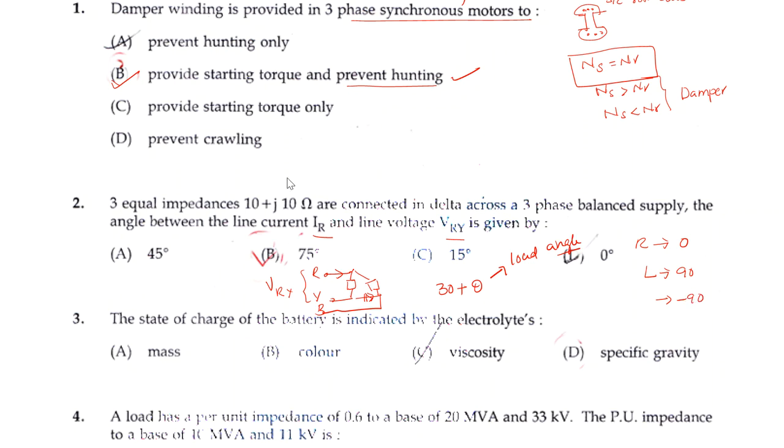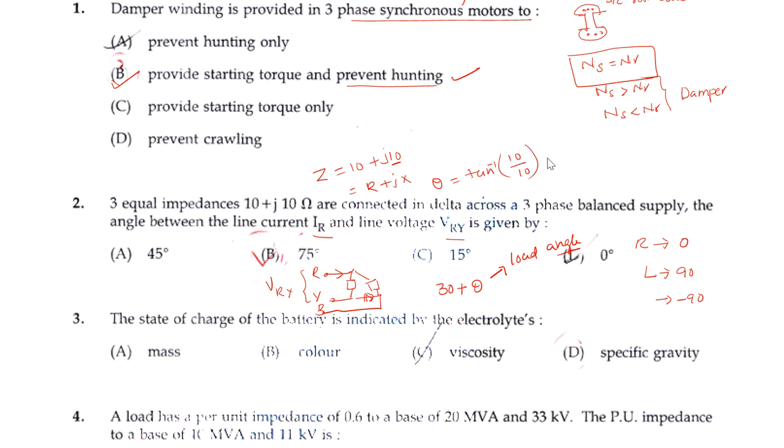Now in the given question, what is the impedance here? The impedance Z is equal to 10 plus j10. That is the hint they have given. That means it has a combination of resistance plus reactance here. Now we need to find the value of theta. Theta is nothing but tan inverse of the reactive component divided by the resistive component.